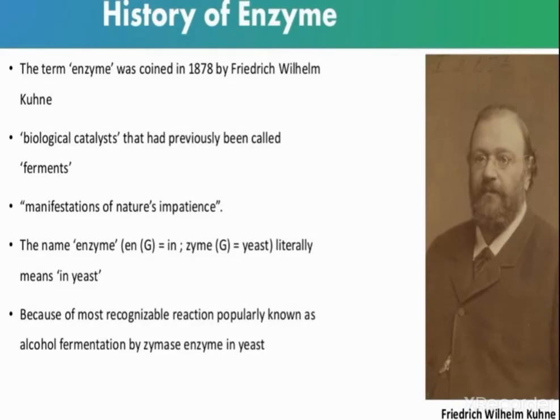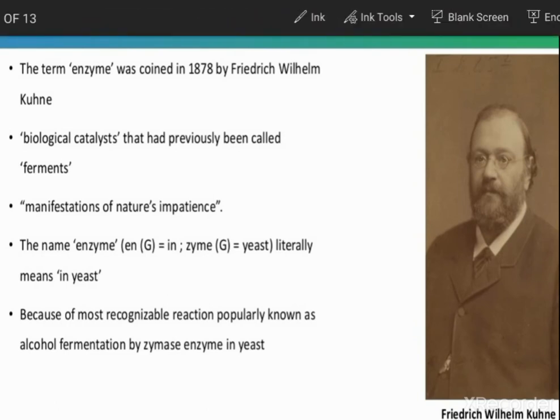Now let us look at the history of enzymes. The term enzyme was coined by Kuhne in the year 1878. The name enzyme comes from two words, en and zyme.